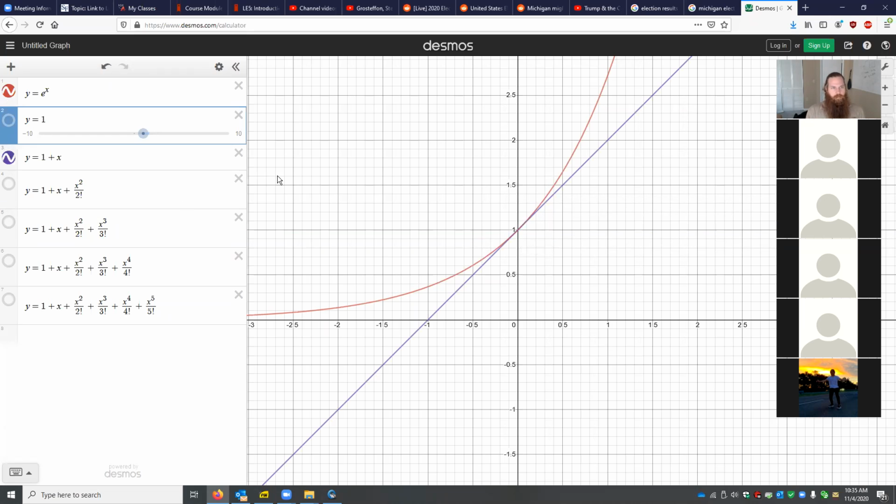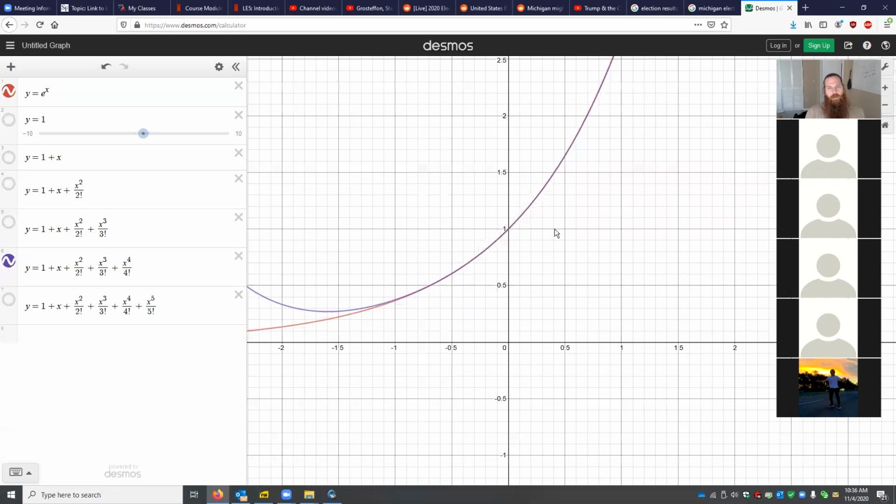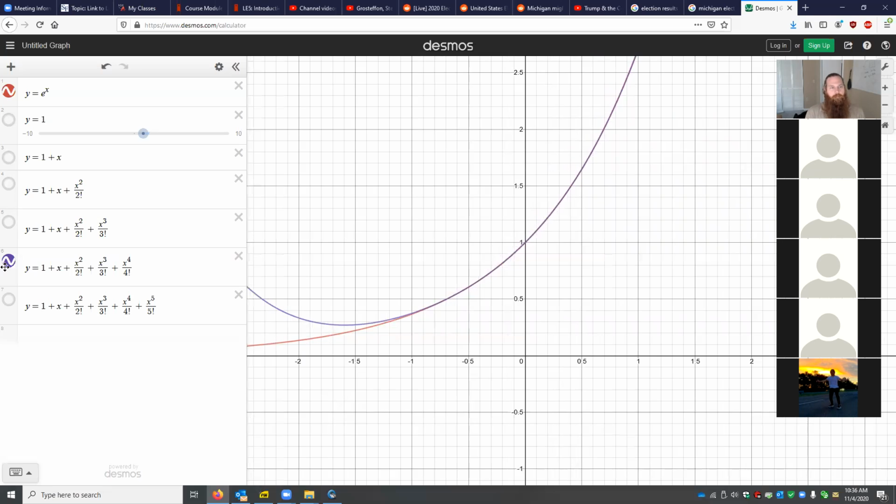And then notice that this guy does a pretty good job of staying close to the red function as long as you stay really close to 0. But then this guy does an even better job. This guy does an even better job. This guy does a really good job. Look, everywhere between -1 and 1, I really can't even tell the purple apart from the red. And as you add more and more terms to the series, the purple and the red get closer together and they stay closer together longer.